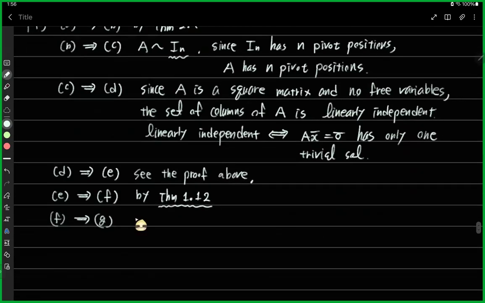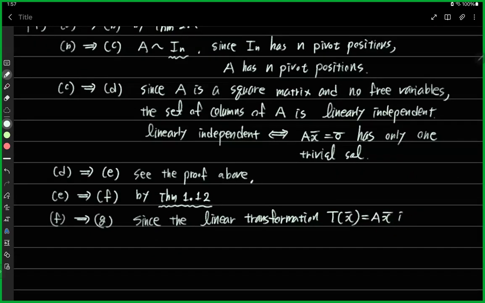Okay, since the linear transformation T of x bar, which is A x bar, is one-to-one, we are going to use this.